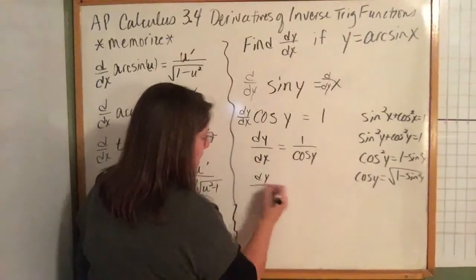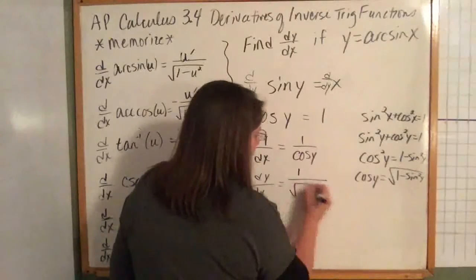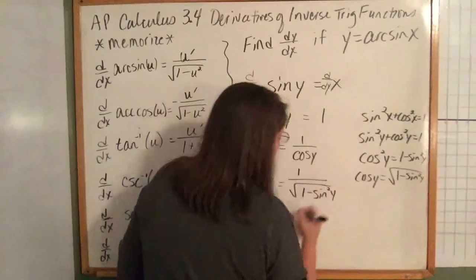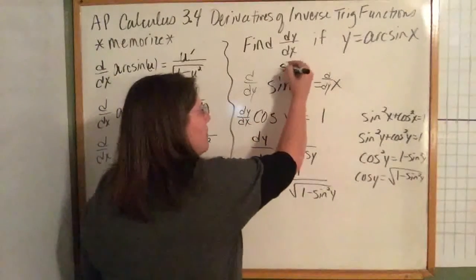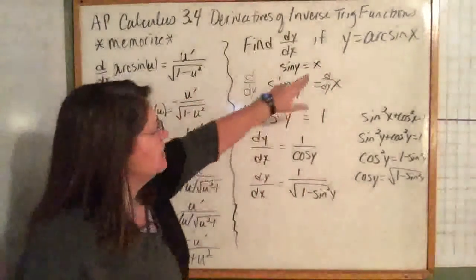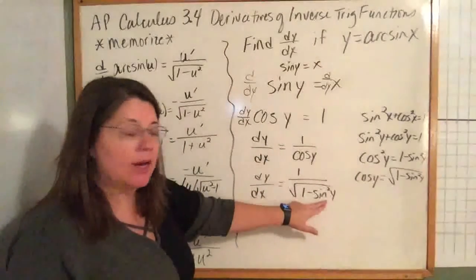So dy over dx equals 1 over the square root of 1 minus sine squared y. And then from what we had right here, remember we had sine y equals x. So since x equals sine y, here we have sine squared of y.